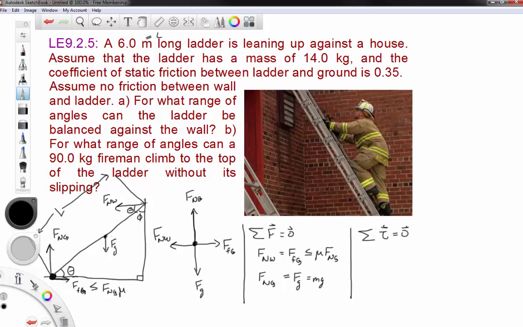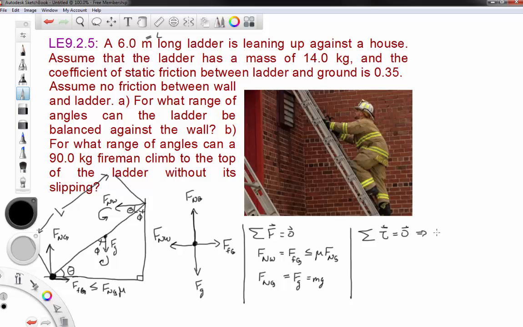So this angle right here, by the way, is also going to be theta. This angle right here is also going to be equal to phi. And what we see is that this torque right here tends to make the ladder spin in a counterclockwise direction. This one tends to make it want to spin in the clockwise direction.